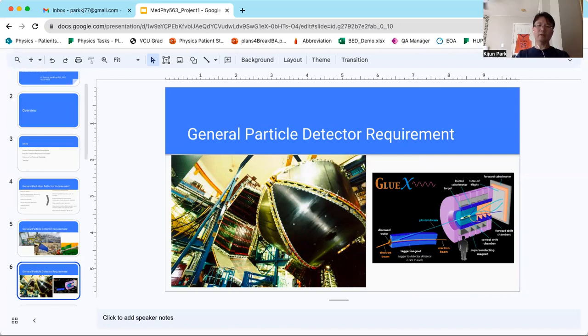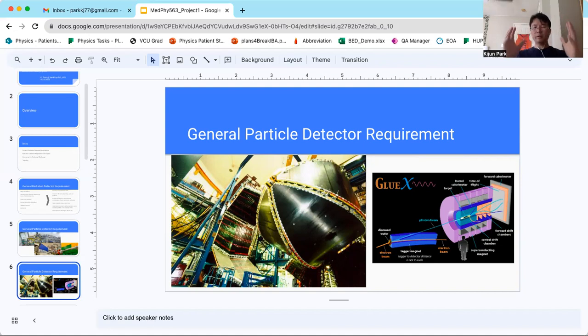As you can see, it is a 4-pi spherical type of detector with six orange segments, composed of three layers of drift chamber detectors. Outside of it we have a time of flight, and a forward carriage detector combined with the electromagnetic calorimeter, the Cherenkov counter and time of flight.